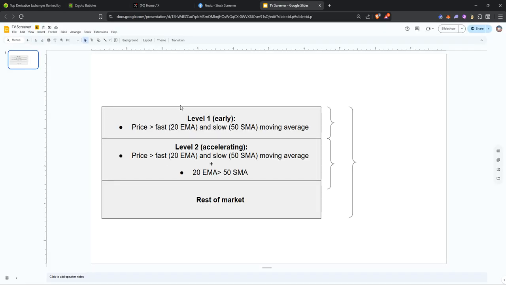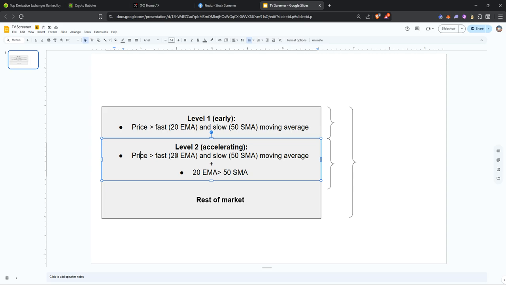So the two filters I have here, right? Level one is tokens where the price is above both the fast and slow moving averages. I use the 20 EMA and the 50 SMA. And then even faster than that, this is early into the move up, and this is further into the move up, so they're starting to accelerate.